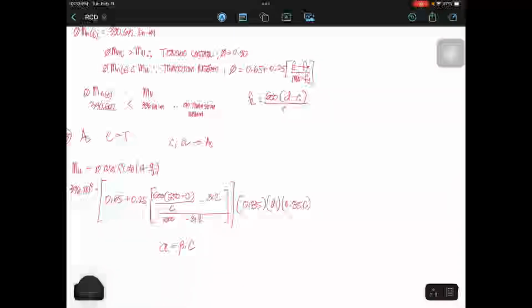And then for the value of the base, we have 300. And for the depth of compression, effective depth is 550 minus, again, beta 1 factor of 0.85 C over 2.